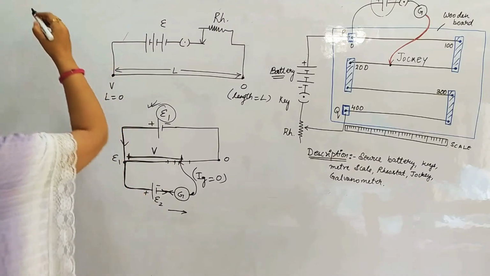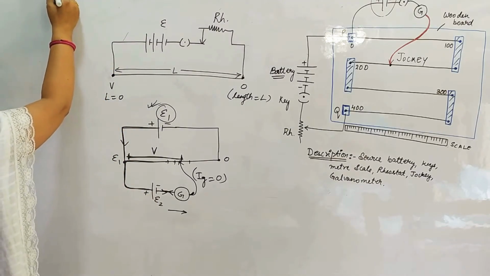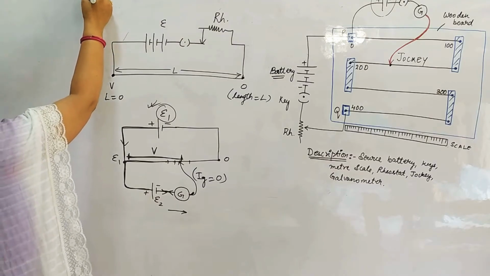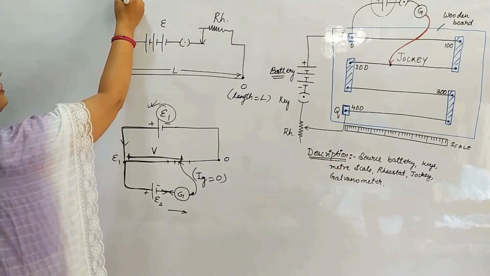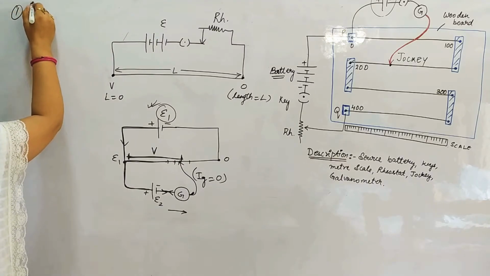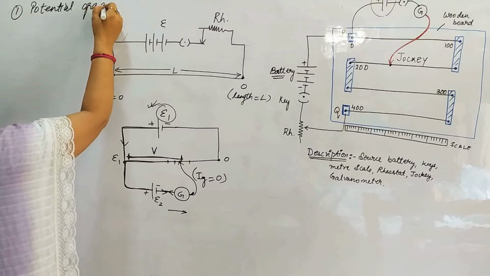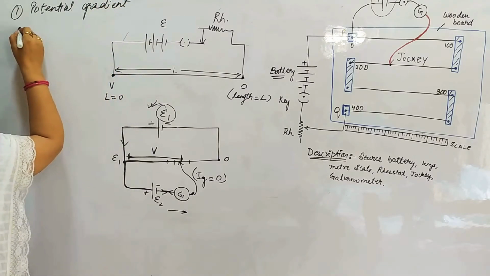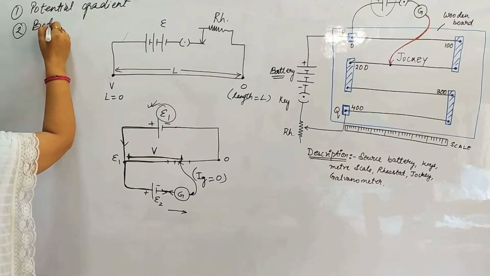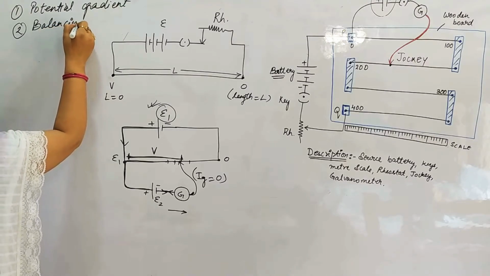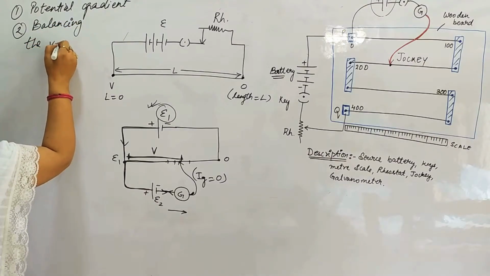So hence we can say that the potentiometer works on two principles. One is the potential gradient, and the other is balancing the voltage.